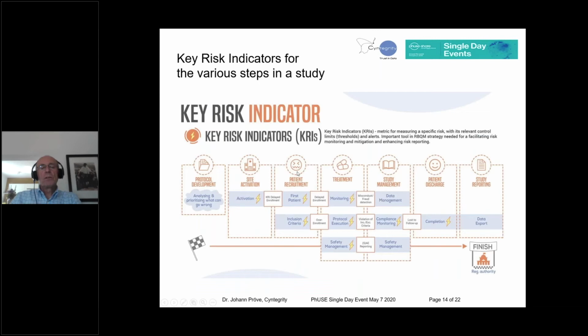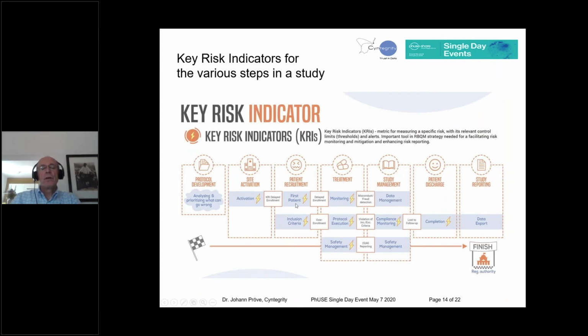When taking a look at the entire process from the protocol development here on the left-hand side over to the site activation, patient recruitment, treatment, study management, patient discharge, and eventually study reporting, you have a lot of areas where you have risks and key risk indicators that you need to measure.